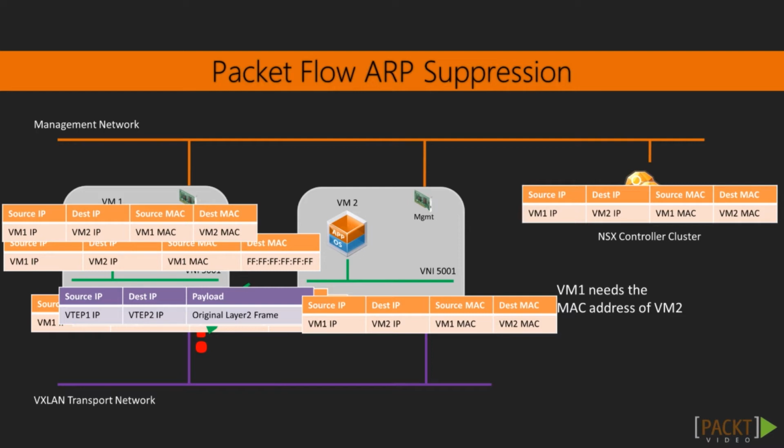That packet is going to be picked up by the VXLAN tunnel endpoint, or VTEP, and that is going to encapsulate this payload information into the overall VXLAN communication. So we will now have a VXLAN packet going from VTEP1 to VTEP2, including the payload of the original layer 2 frame from VM1 to VM2.